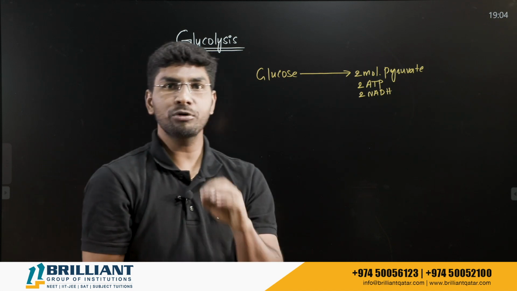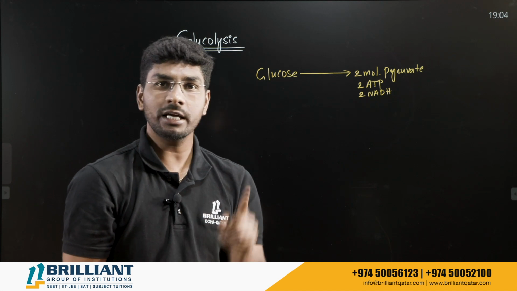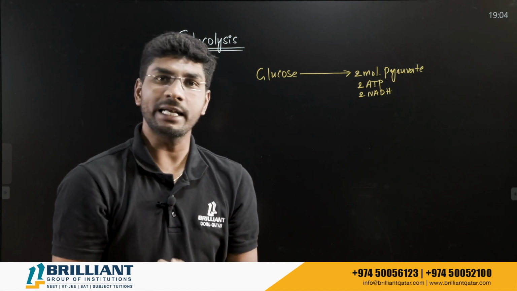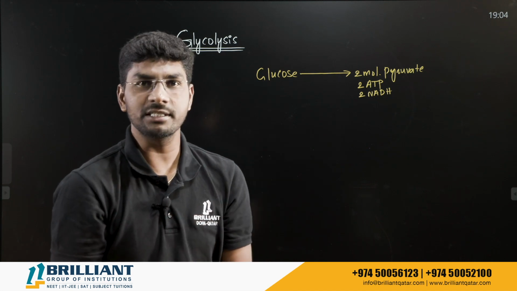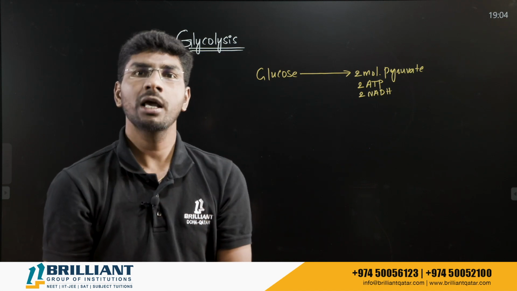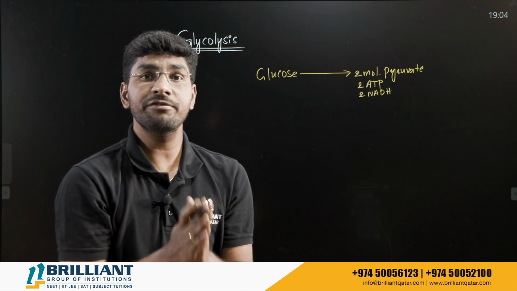That means at the end of glycolysis 3 end products will form. What are they? 2 molecules of pyruvate, 2 ATP molecules net gain, I'm talking about the net gain, the gross ATP molecule is 4 ATP, that we will discuss a little later, and 2 NADH. You got my point? So in total, 10 different steps are there.